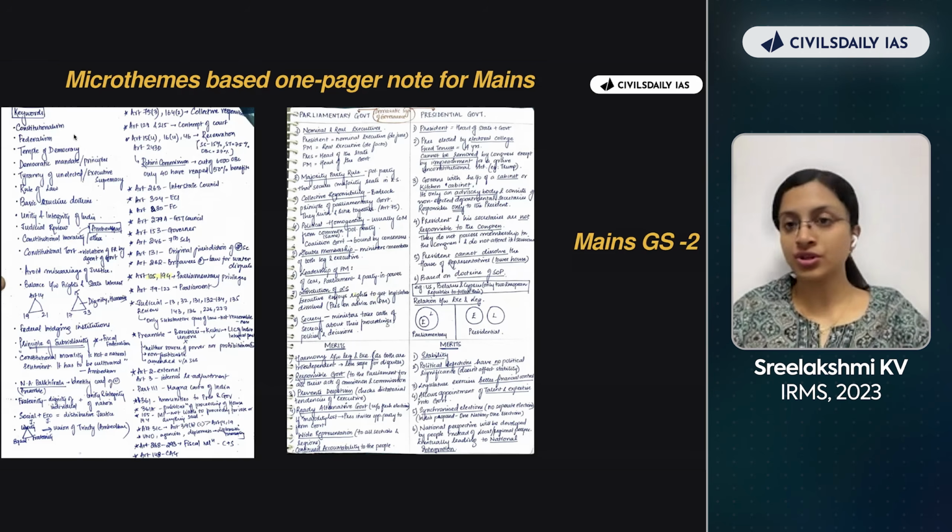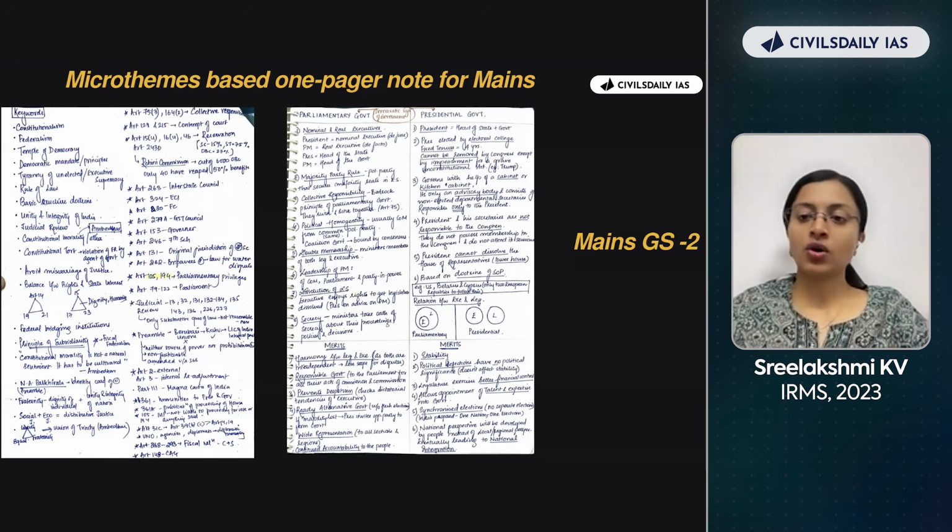For example, constitutionalism, federalism, temple of democracy, democratic mandate, tyranny of the unelected, executive supremacy, rule of law. These are terms which we generally do not use in normal day-to-day life, right? These are polity-specific keywords, which make your answer look very technical.